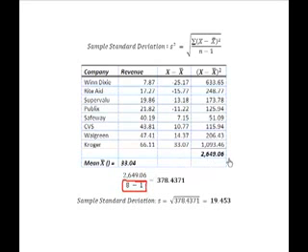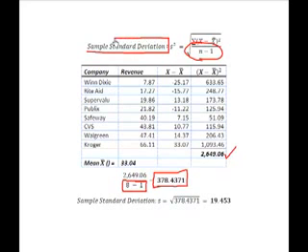This right here is the only thing that has changed about this formula. I'm going to take the sum of the squares, 2649.06, and instead of dividing it by 8, I'm going to divide it by n minus 1, 7, and it's going to give me 378.4371 as the value for the sample variance.